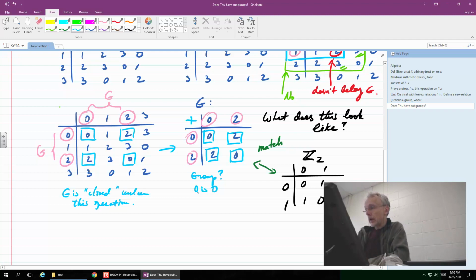That's one axiom, and the other one is the negative. Negative of 0 is 0, negative of 2 is what? What does it mean to be the negative of an element? What does that axiom actually say?